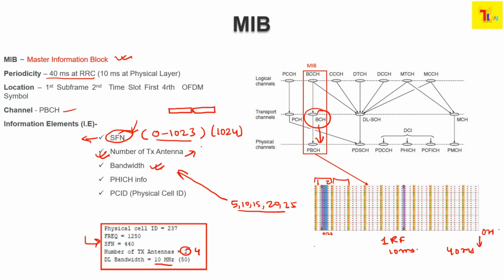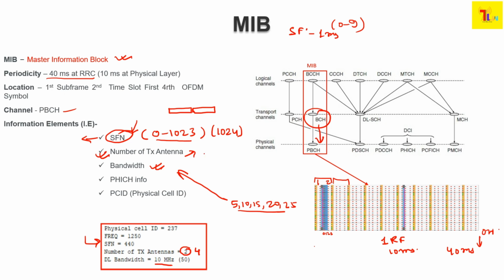The subframe number ticks every 1 ms. It will tick 0 to 9, and once it reaches the maximum value, 9, it goes back to zero, and the SFN gets increased by one.